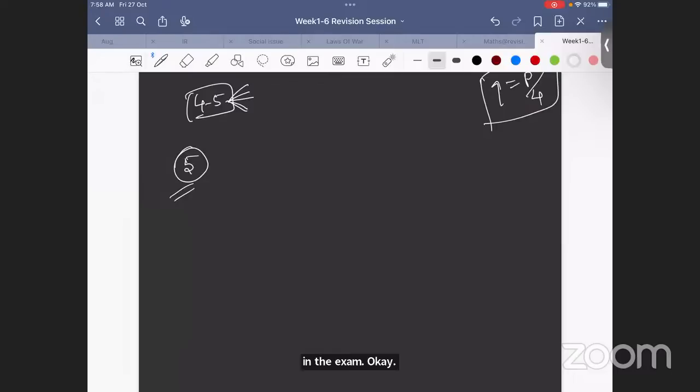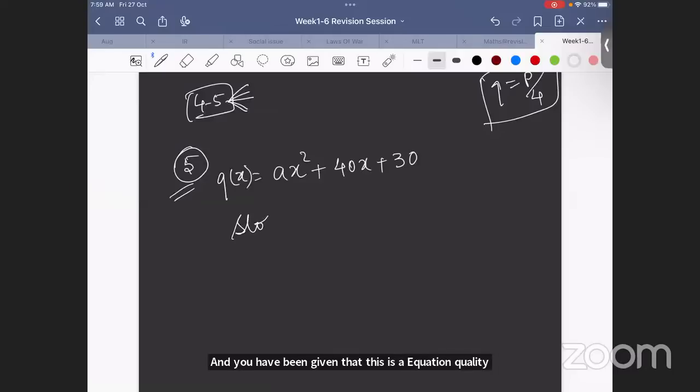Okay, you can have an equation x square plus 40x plus 30. This is a quadratic equation, and the slope is given at x equals 2.